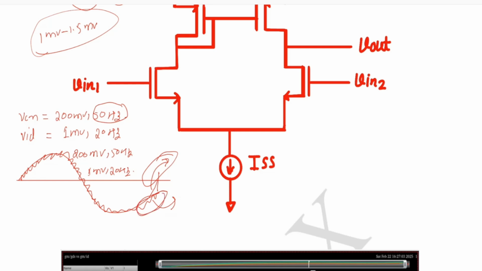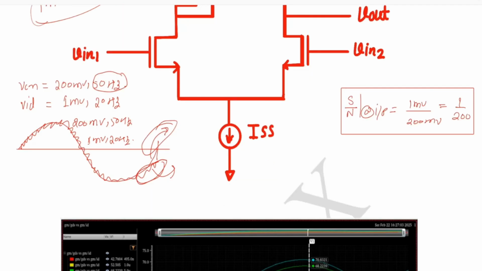Now what will be the signal to noise ratio at the input side? At the input side, we have 1 millivolt of signal and 200 millivolt of noise, so that will be 1 by 200, 1 by 200th of noise.